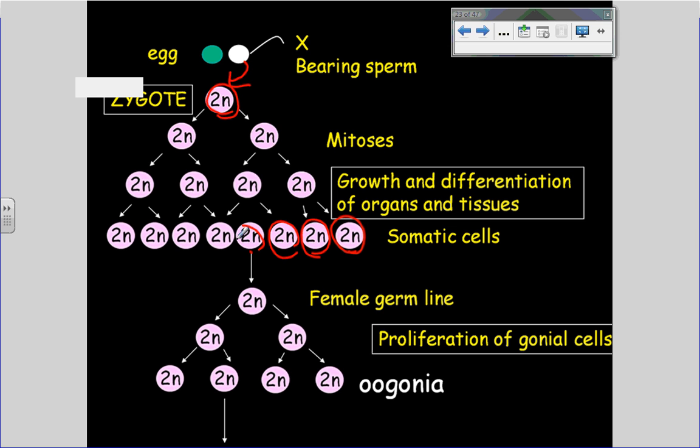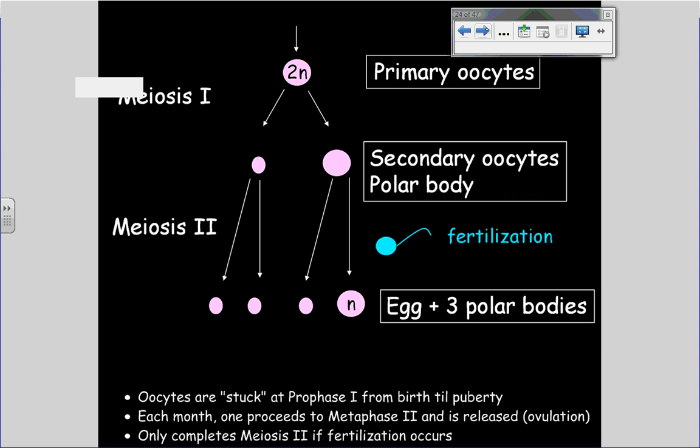Some of those somatic cells are going to be the female germline, which are the cells in the ovary that produce the egg cells. They will keep on undergoing mitosis until we have a certain number of them, but that stops before the girl is even born.